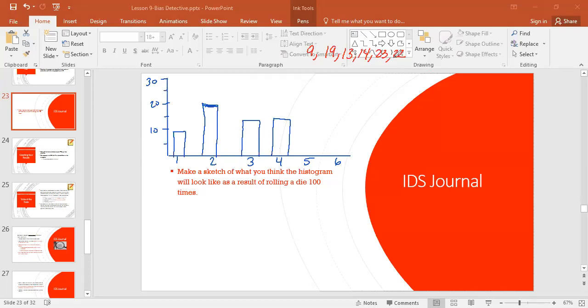Then I had 23 fives, up to about 23 right up there. And then I had 22 sixes, just a little bit lower. There's my histogram right there. Easy peasy.